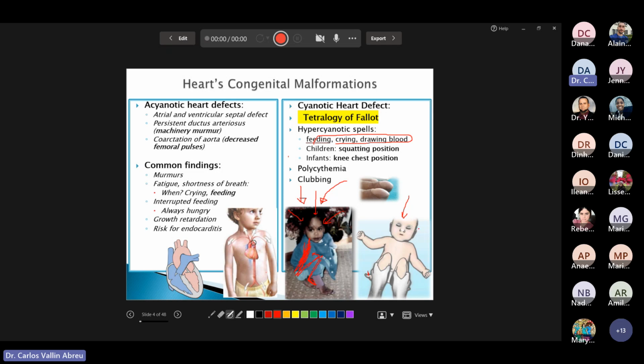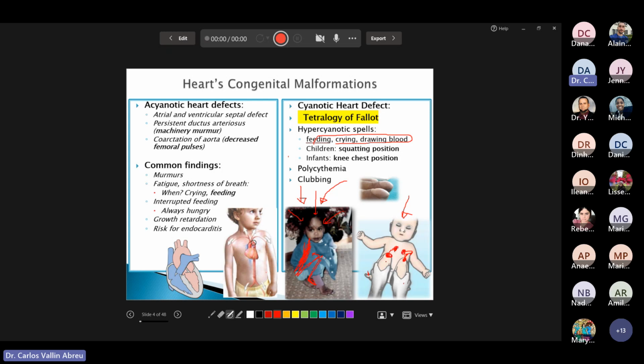But if you have an infant that is unable to squat by him or herself, you need to mimic the squatting. So you are going to flex the hip and the knees, approximating the knees to the chest. This is the knee chest position, okay.